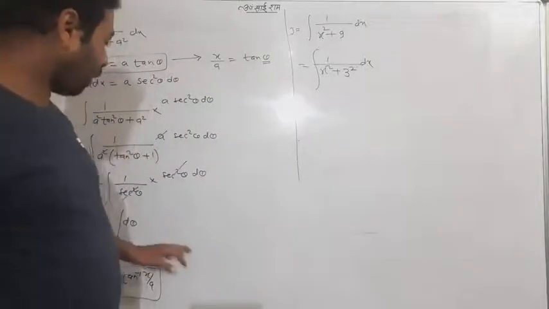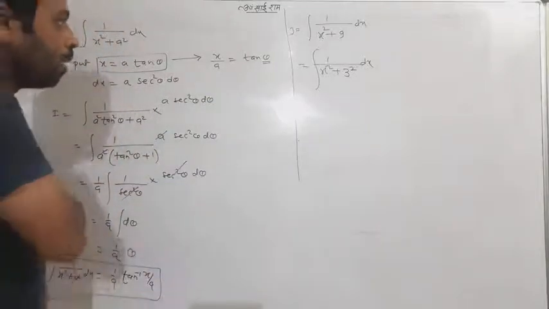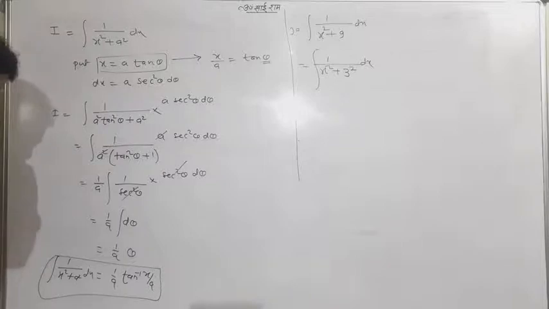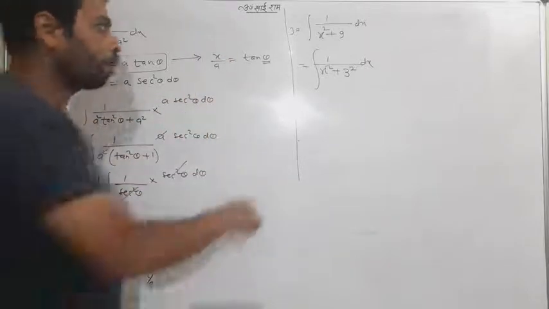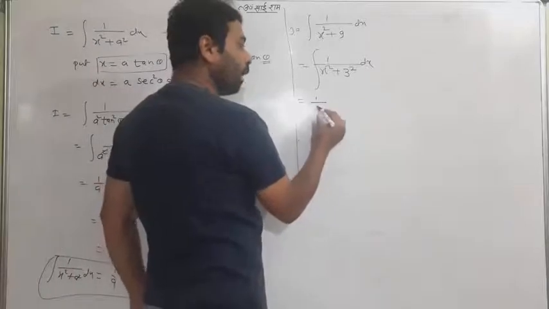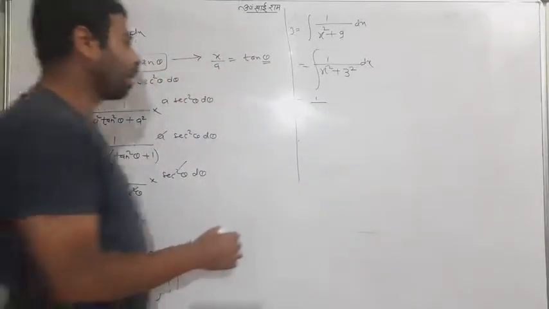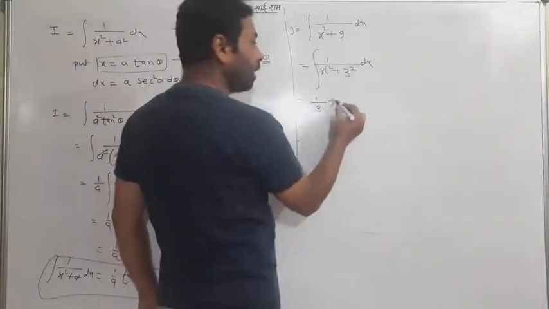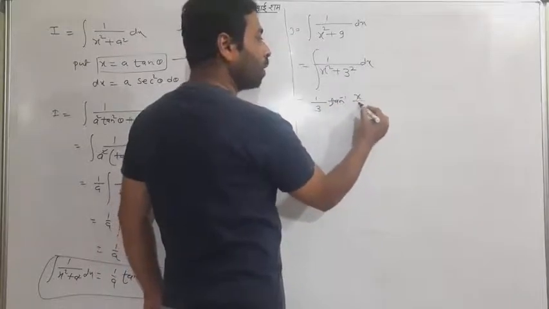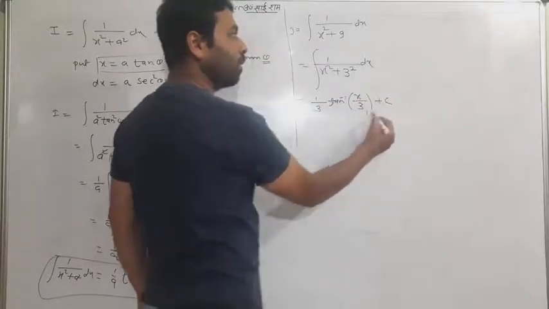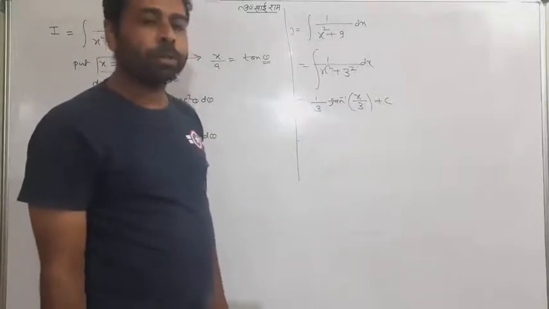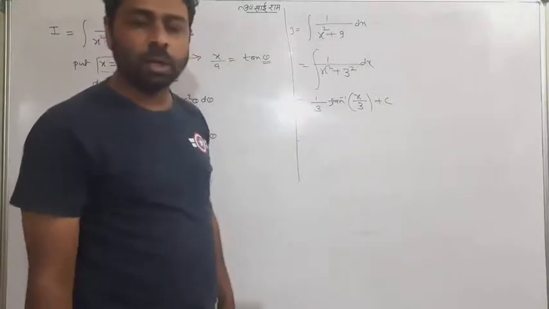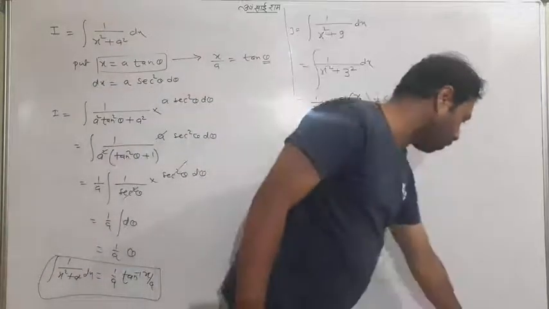Now can you compare? Both questions are the same: 1 upon x square plus a square, and 1 upon x square plus 3 square, meaning a equals 3. According to the formula, we have the answer 1 upon a tan inverse x upon a plus c, and in only 2 steps you have got the answer. So please remember the formulas, otherwise nothing will happen here in integration.